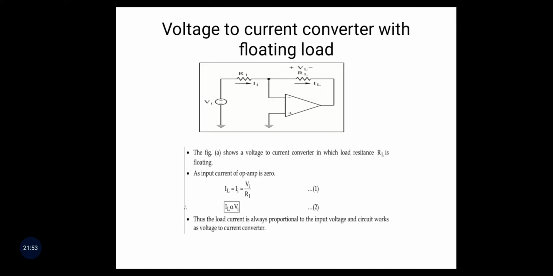Here voltage Vi is converted to current IL. So this is the voltage to current converter. The load resistance RL is floating.